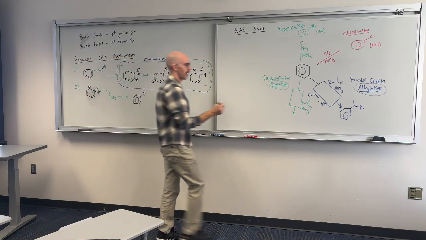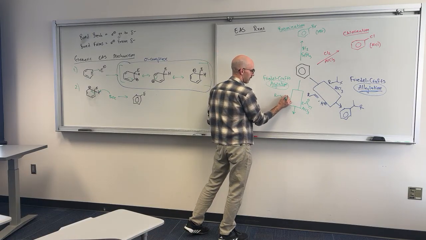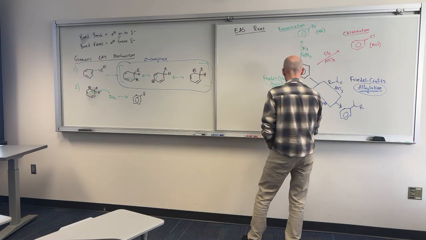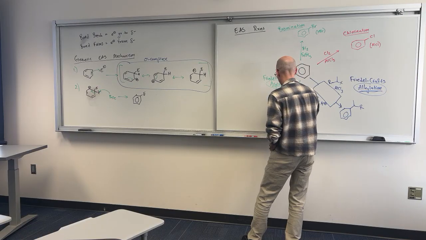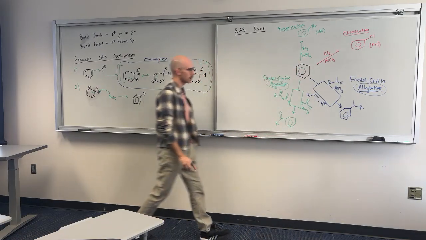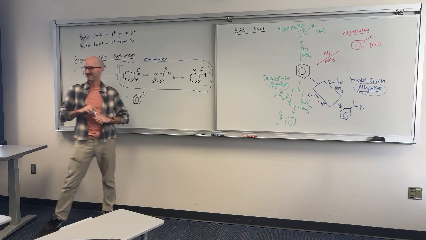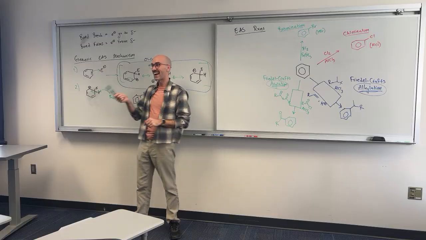In a similar way, you could also take this functional group and react it with your aromatic ring to add on an acyl group. Can you tell me that functional group on the left? Not a ketone. Not an ester.